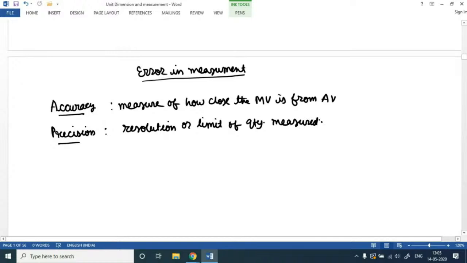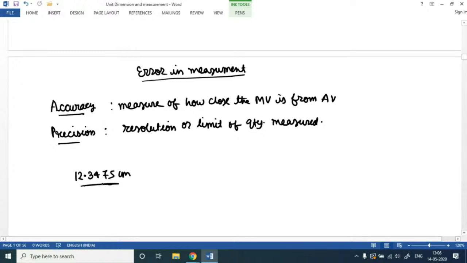Let's try to understand the difference between these two quantities. Let's say two students are measuring the length of a pen, and the pen's actual length is 12.3475 centimeters. Somehow we know its true value, let's say given by the manufacturer.